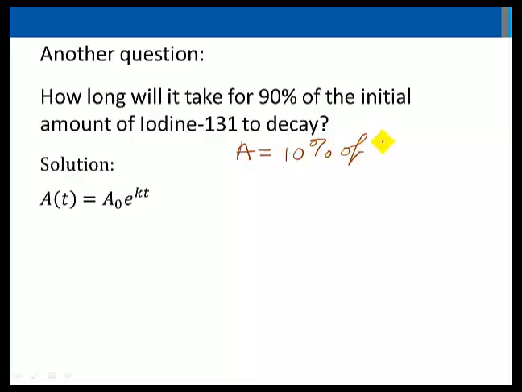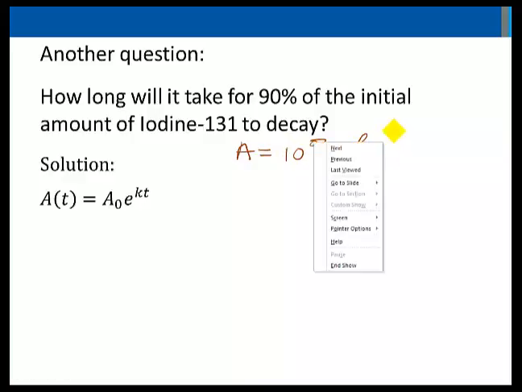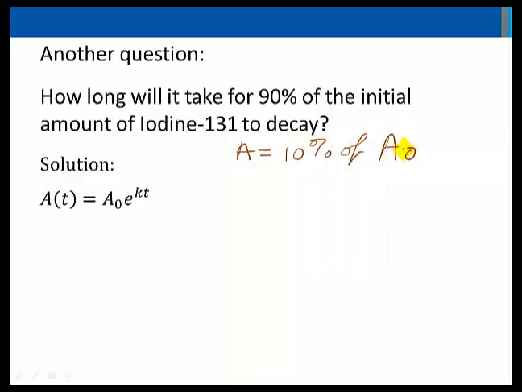So A is equal to 10% of A naught. So I will replace A with 0.1 A naught in the formula. I know what k is. I'll divide through by A naught, and I will have 0.1 equals e raised to the power kt.